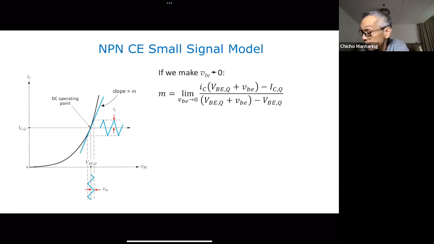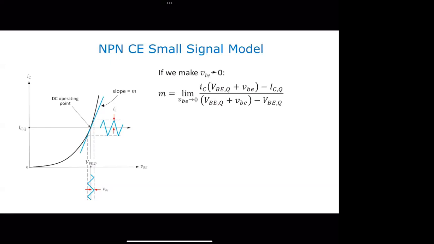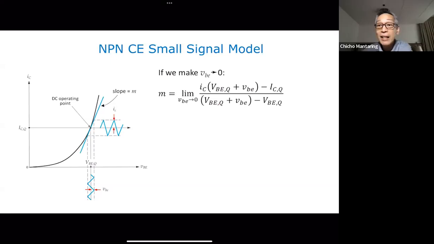But what is this? Any of you recognize what that is? Can any of you tell me what that is? You learned that in math. Ano yan? Differentiation. Yes, exactly. That's the derivative. In this particular case, we will call it a partial derivative because IC is a function of both VBE and VCE.